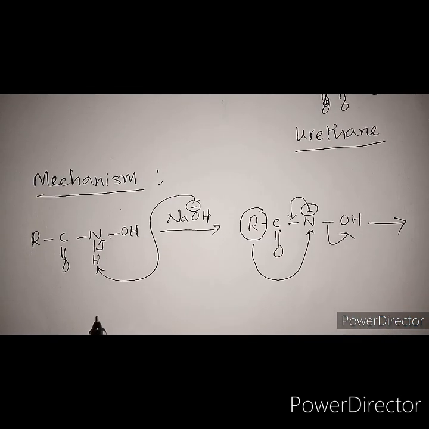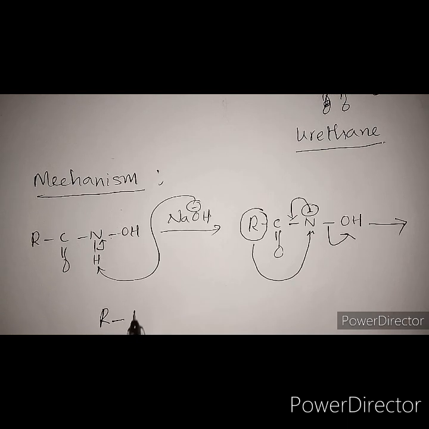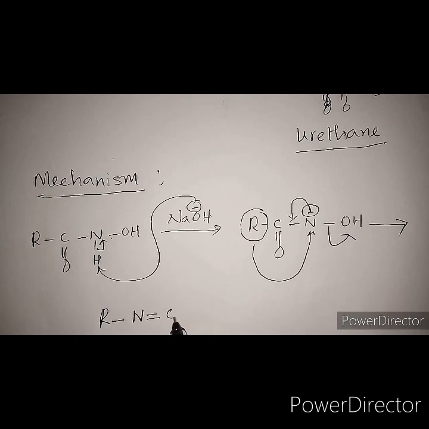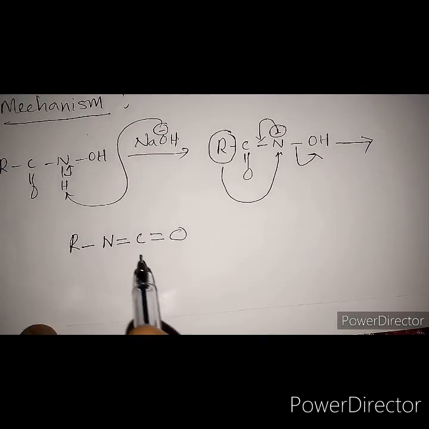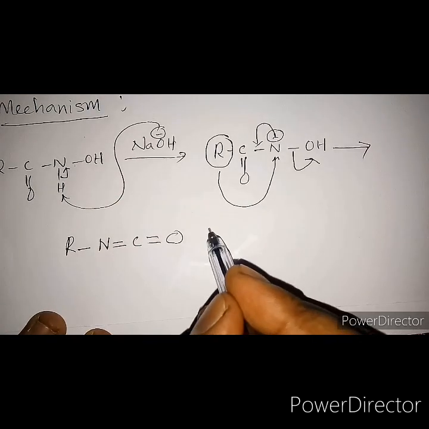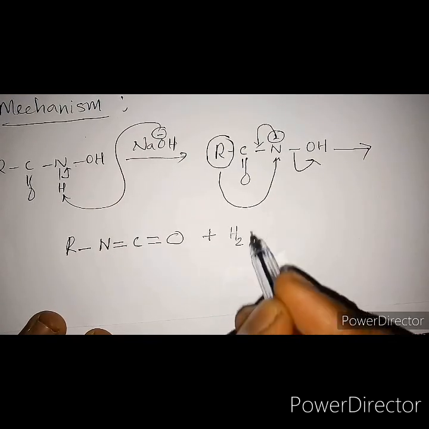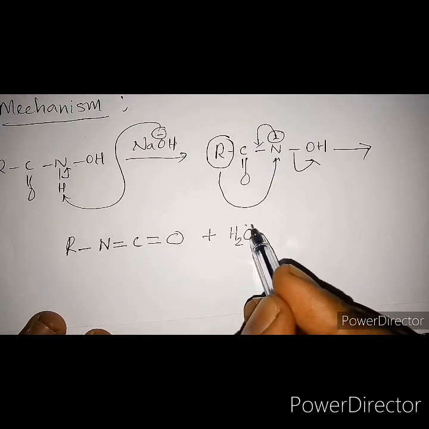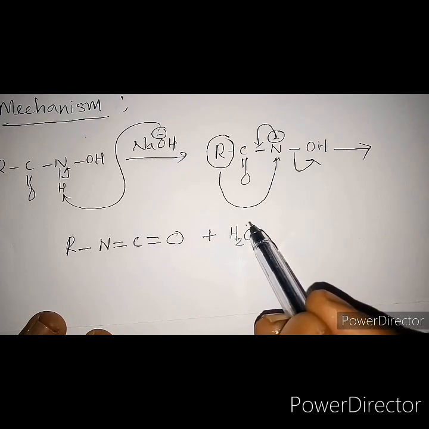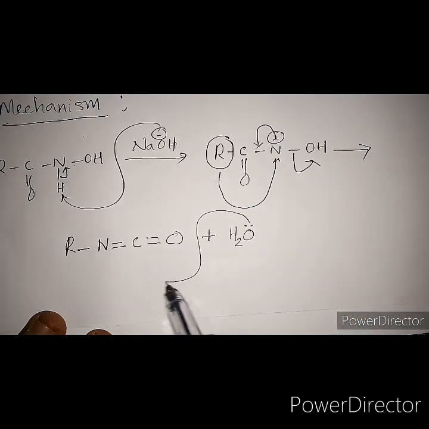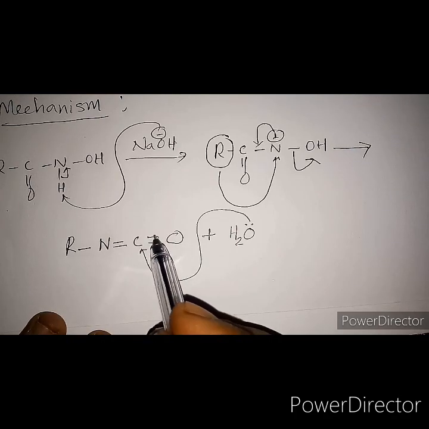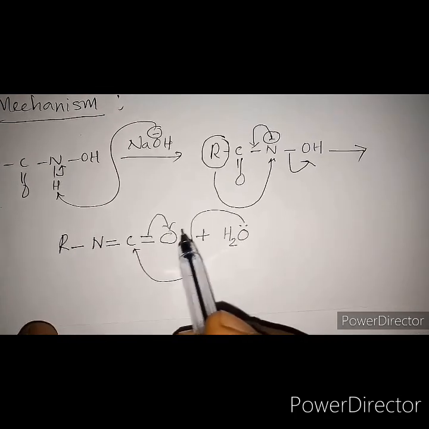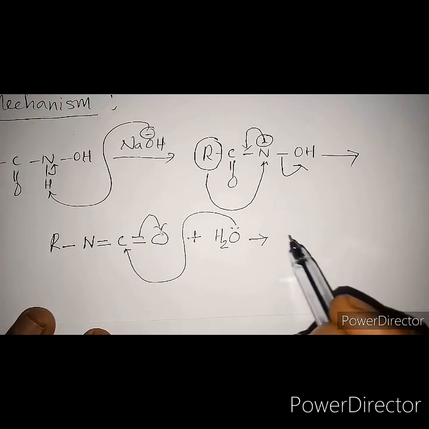So in the next step, we'll get R connected to N with C double bond O. This is called isocyanate. Now this isocyanate undergoes a hydrolysis reaction. The water molecule will act as a nucleophile. It will add to the carbonyl carbon, and the electrons will migrate to oxygen because of its higher electronegativity.